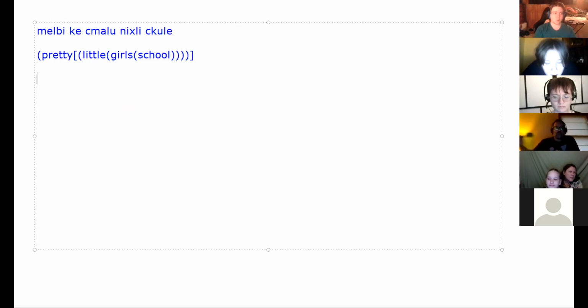And the cool thing about cmavo is that the space is actually optional, because it doesn't make a difference whether I put it uinai or ui nai. With other words that would actually make a difference. Interesting. The stress is important. Lojban words are always stressed on the penultimate syllable. So this is always CKU-le.